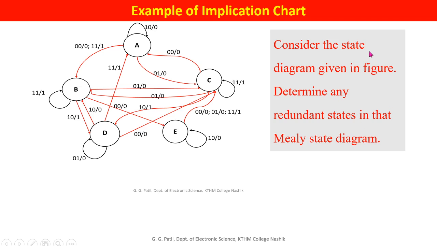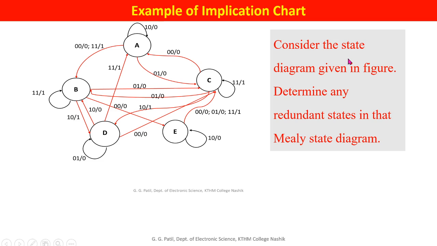Here one example of a sequential state machine is given, described in the state diagram, and from that diagram you have to prepare the state table of the state machine, and using the implication chart method you have to simplify that state machine.